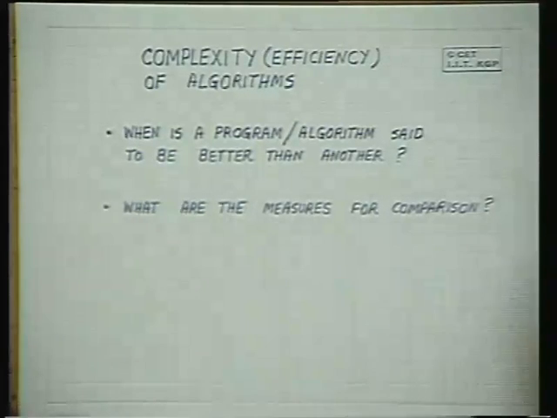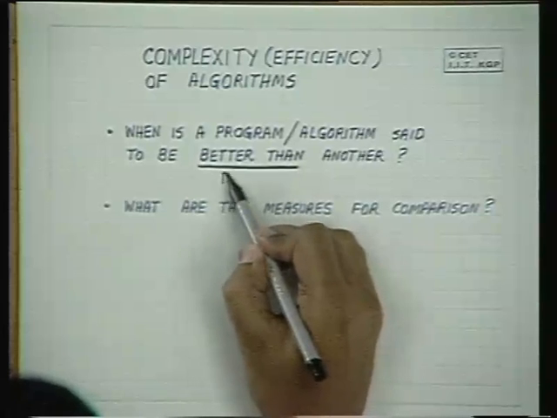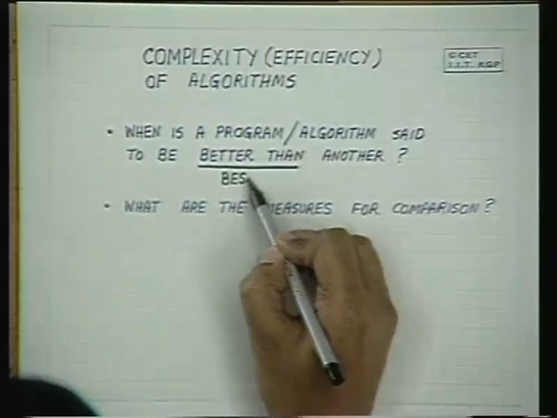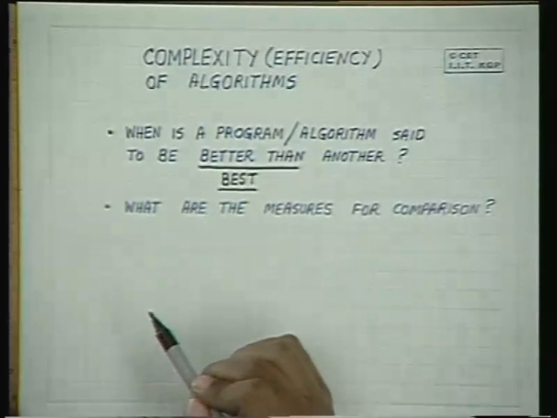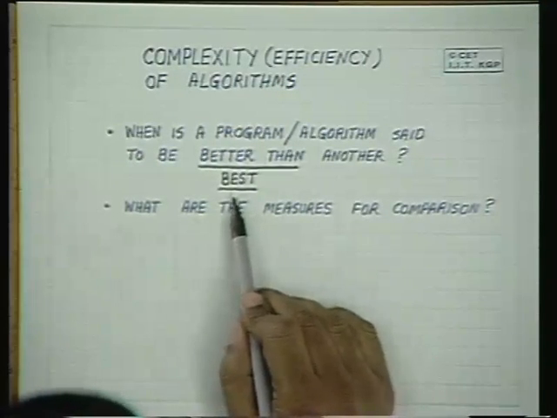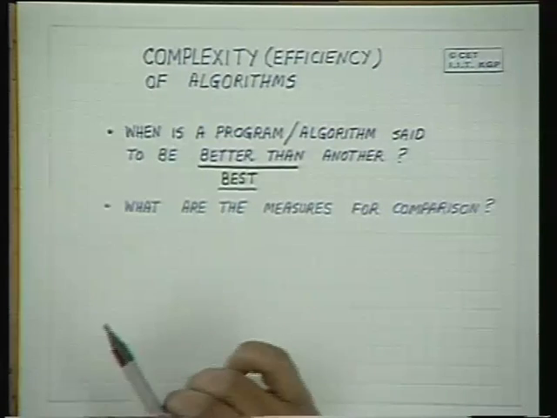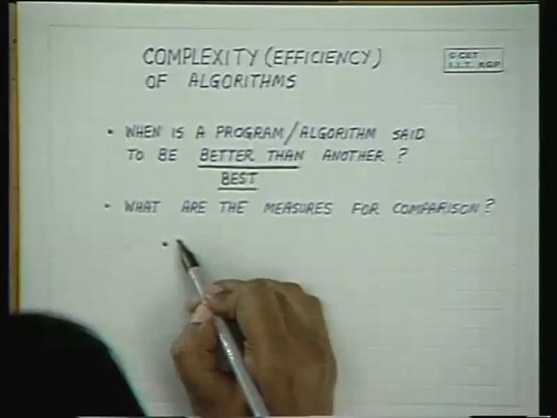Unless we understand the concept of what is said to be better than, we will not be able to realize the concept of best. And that is what we are trying to find out. What is the best algorithm for a particular problem? To answer this question, we must first answer what are the measures of comparison. The first measure for comparing two algorithms is the time required.